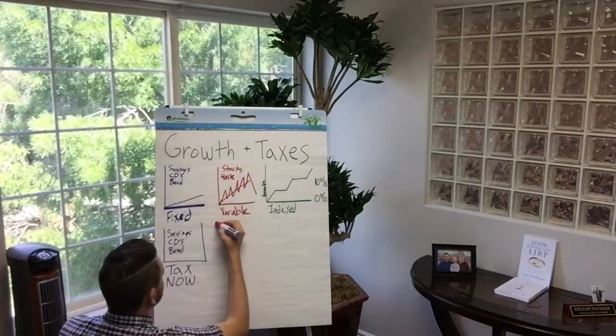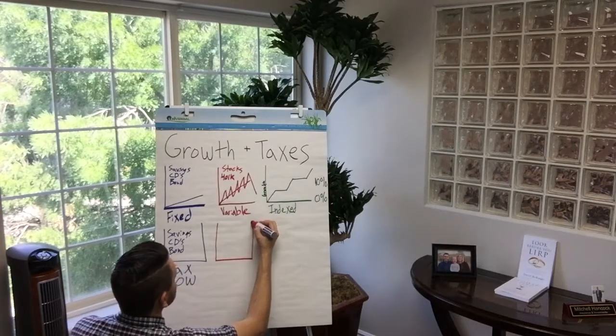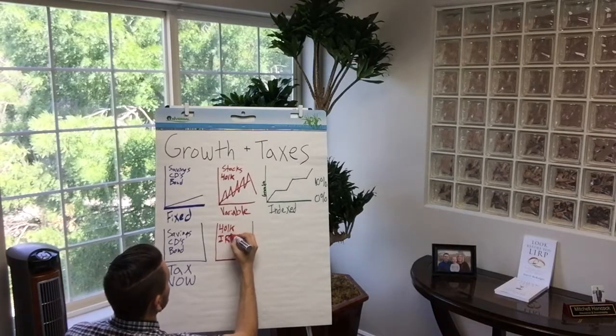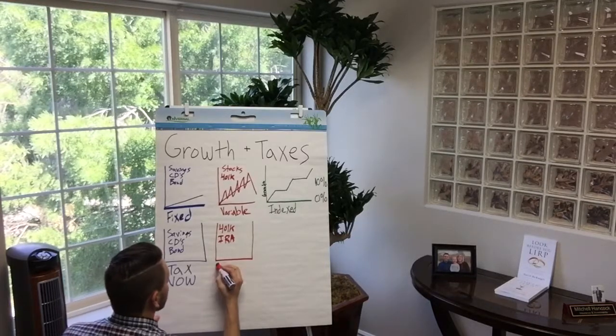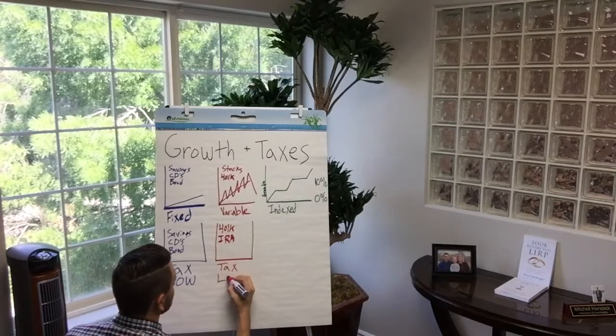Most Americans hold their variable investments inside their 401k, their IRA, and other similar financial vehicles. Now, these are going to fall into what we're going to call the tax later bucket.